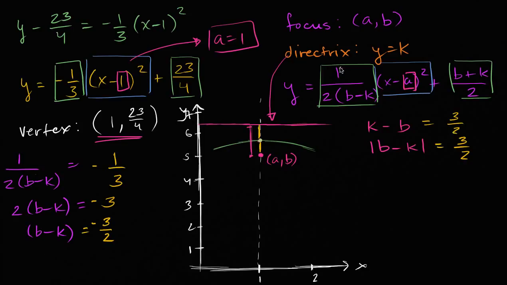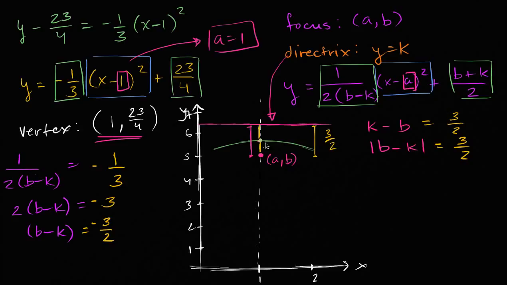So just like that, by matching the negative 1/3 to this part of this equation, we're able to solve for the absolute value of b minus k, which is the distance in the y direction between the focus and the directrix. So this distance right over here is 3/2. So what is half that distance?